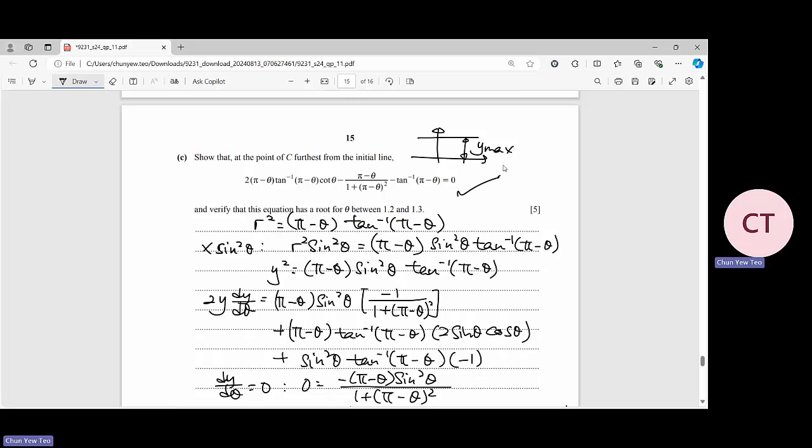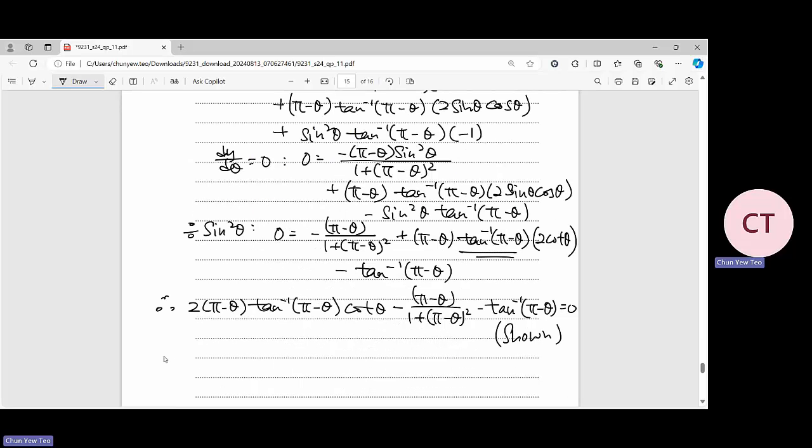Yes, correct. Then after that, we want to verify that this equation has a root for theta between 1.2 and 1.3. So to do this, we let this whole function be f of theta. Very troublesome, very time consuming.